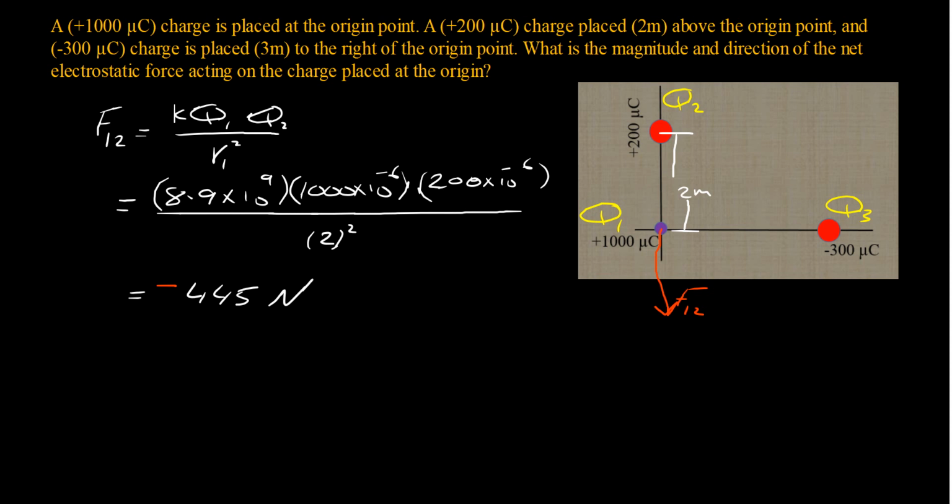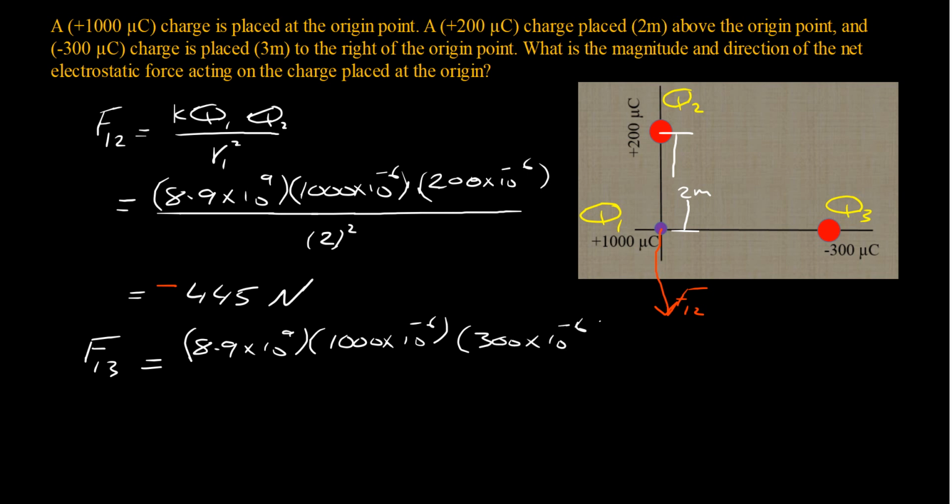Now let's keep calculating the other force generated on 1 because of 3. Once again, it's 8.9 times 10 to the power 9, multiplied with the 1000 times 10 to the power minus 6, and here is 300 times 10 to the power minus 6, and this all will be divided by the distance between these two charges, which is 3 meters, so 3 squared.